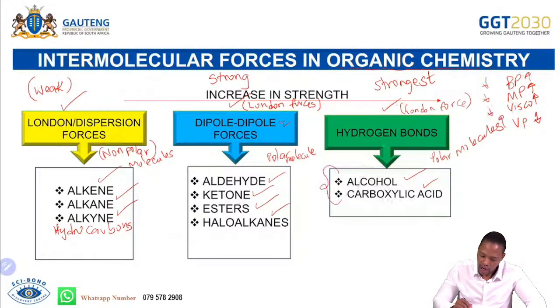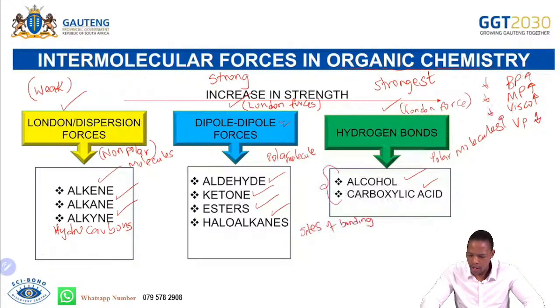The hydrogen bonds of carboxylic acid are stronger than those of the alcohol. The reason is based on what we call the sites of bonding, which I will talk about in a moment. What do I mean by the sites of bonding? As I look at the factors, I will look at that.